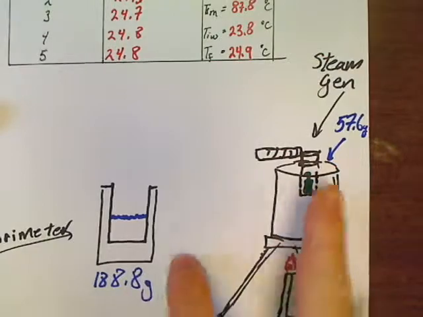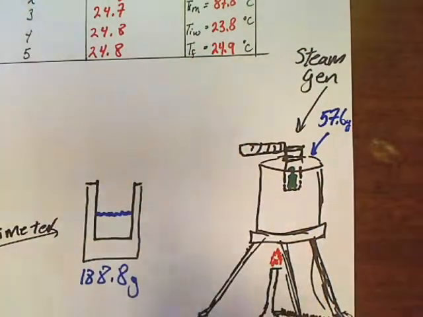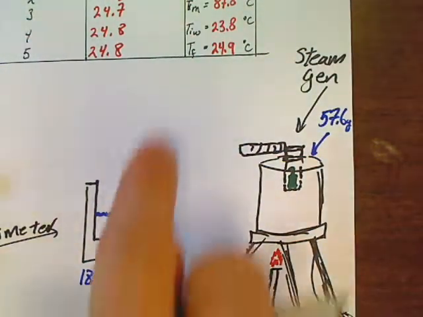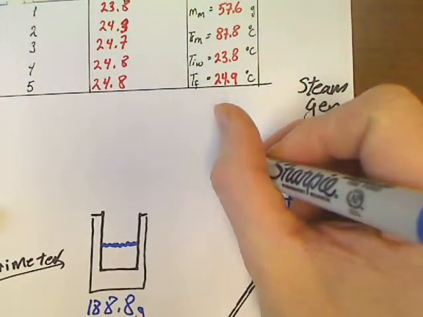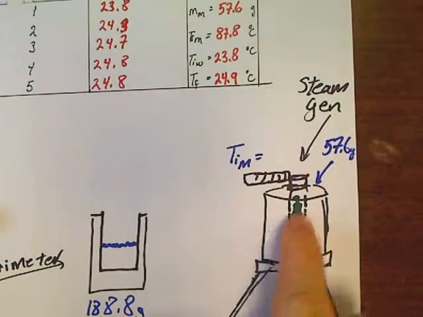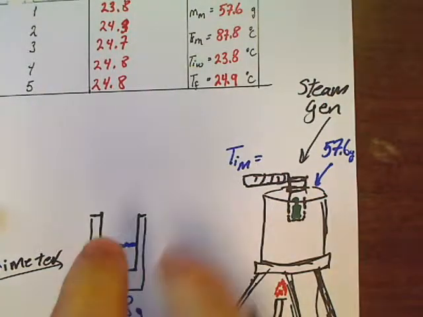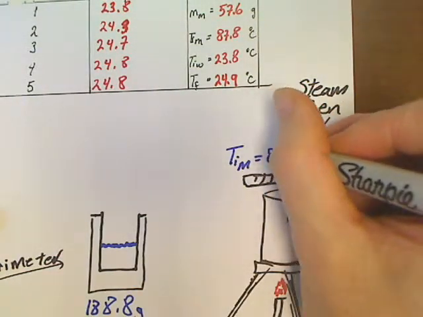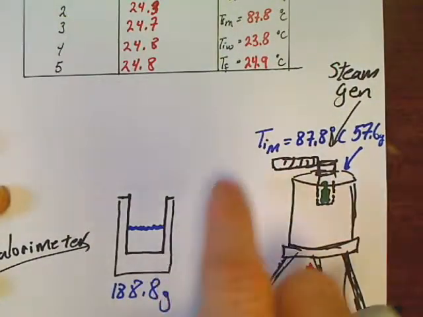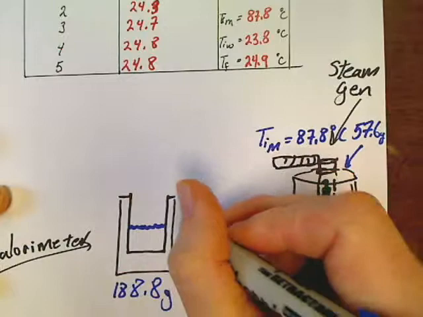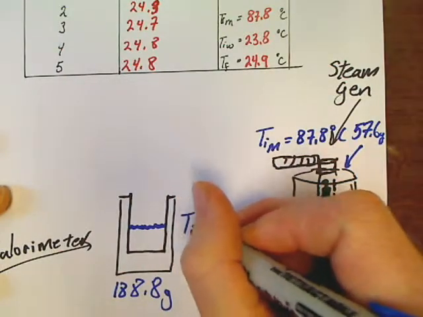We need some temperatures. We need those two masses, but now we need the temperatures. Well, according to their data, they said that the temperature initial of that metal, right before they dump it in here, is 87.8 degrees Celsius. And then according to their same data, the temperature of this water, and I'm going to write TIW.